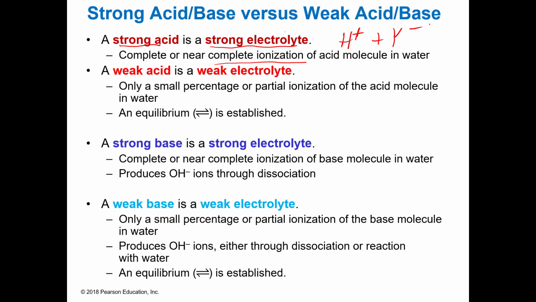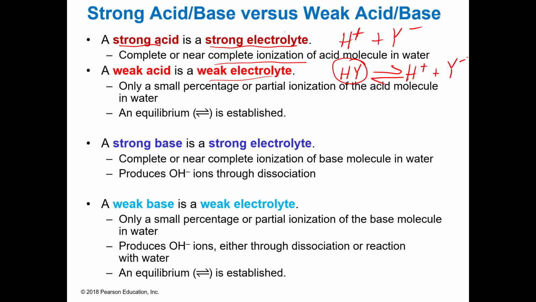A weak acid is a weak electrolyte because only a very small percentage will hydrolyze. So when you get done, you will still have the molecular form of whatever that was.